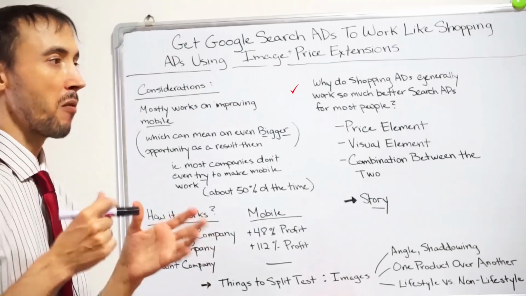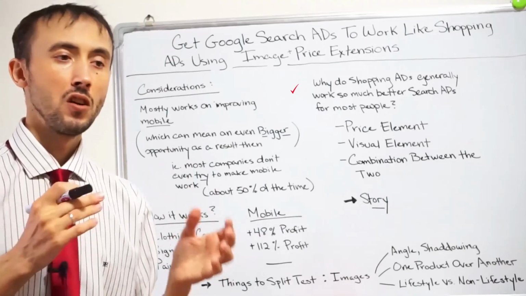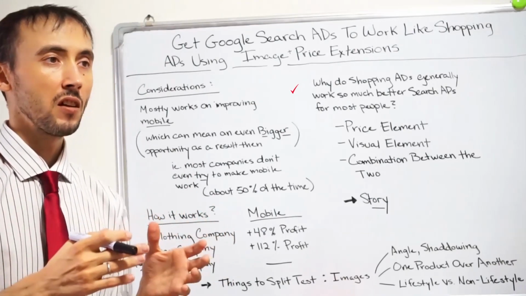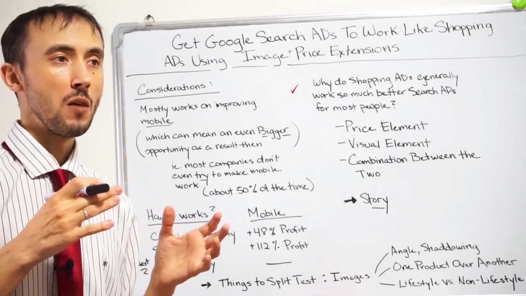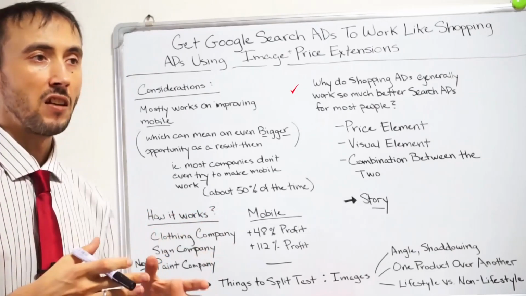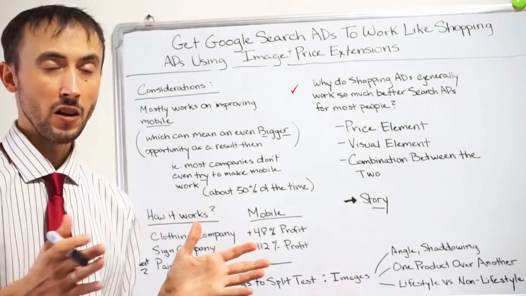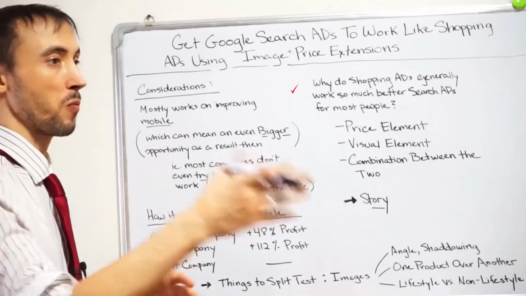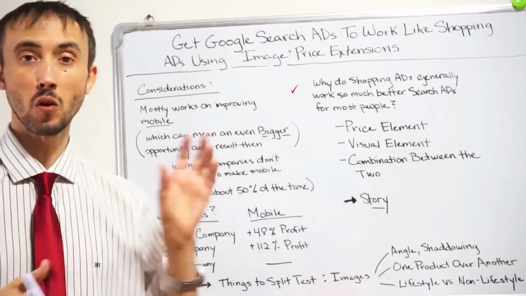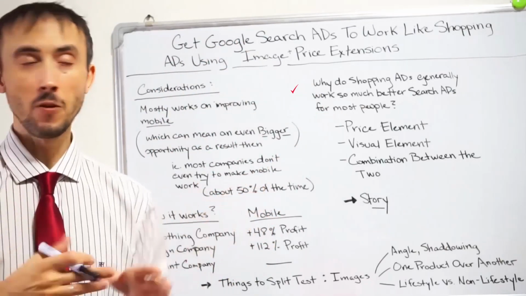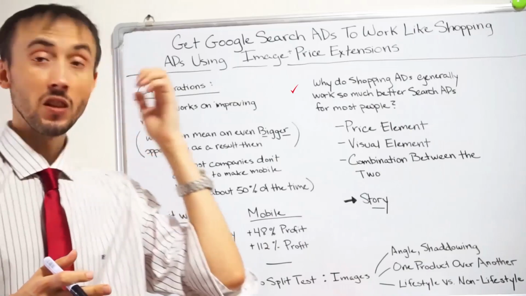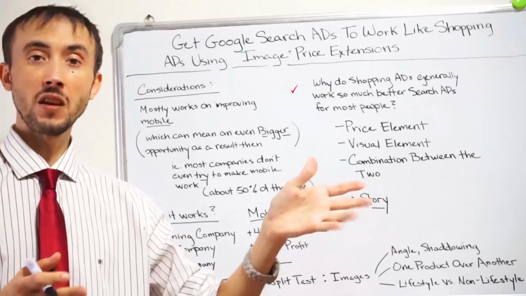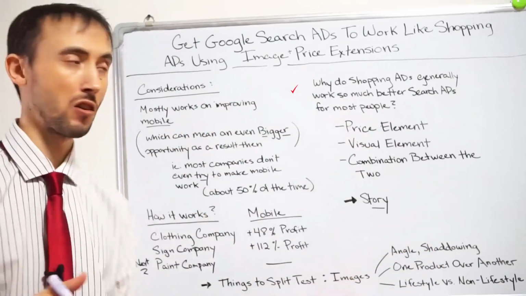So basically, I came across this strategy. It was a clothing brand, and the search ads didn't work very well at all in comparison to the shopping ads because it's a visual product. Like I said, in certain instances where what you sell is a more visual buy, you'll generally make more with shopping than you can with search, no matter how long you're on the search ads.